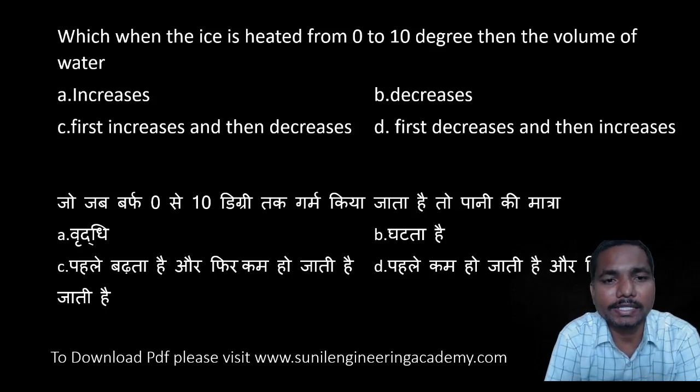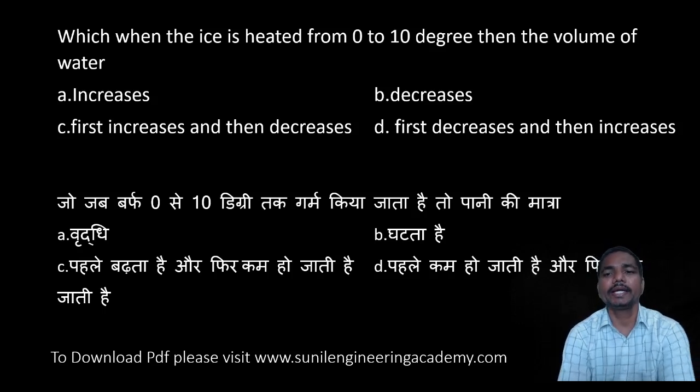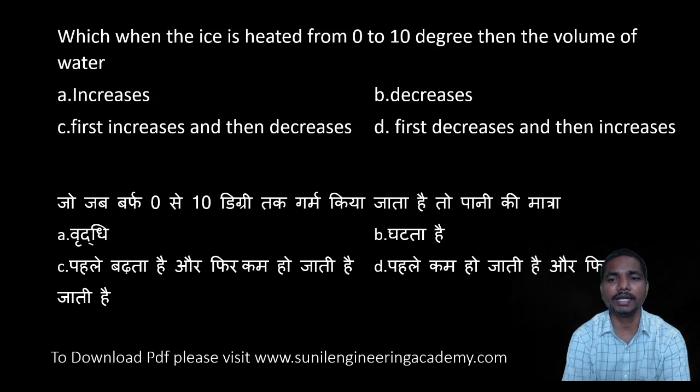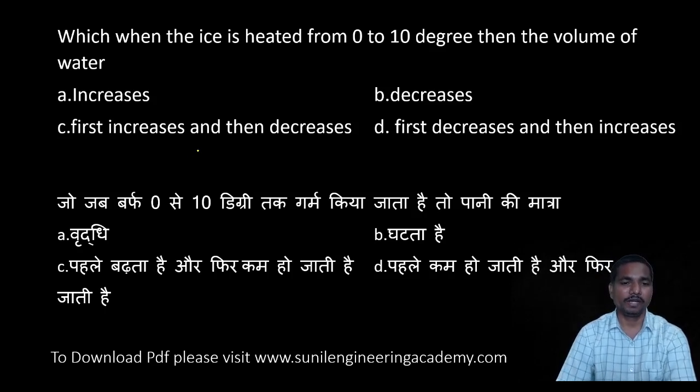When ice is heated from 0 to 10 degrees, the volume of the water is dash. I have explained this in detail. Water has anomalous behavior. At 0 degrees Celsius it is in the form of ice, which has a higher volume.